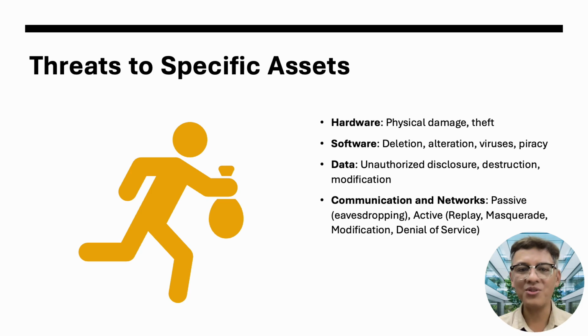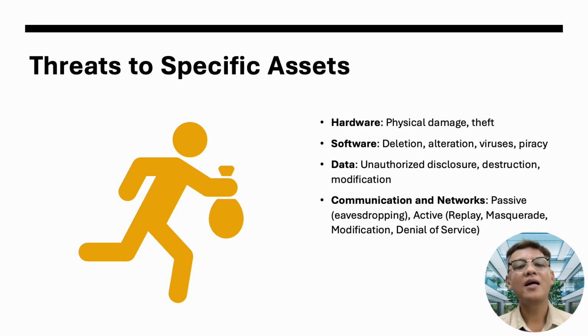Data, the most frequently targeted asset, faces threats involving unauthorized access, exposure of confidential information, alteration, or destruction. Data breaches are among the most costly and damaging events organizations can experience, emphasizing the importance of robust data security practices.